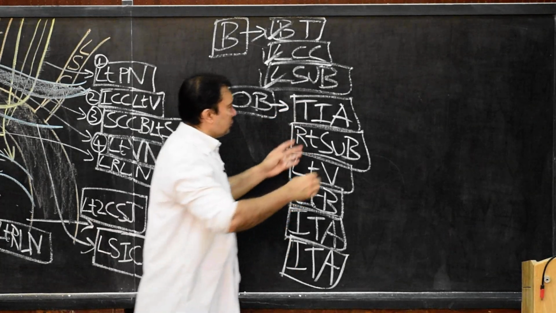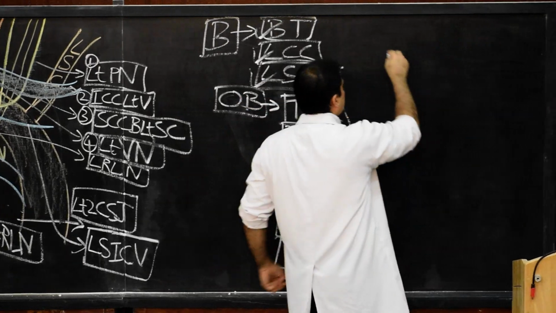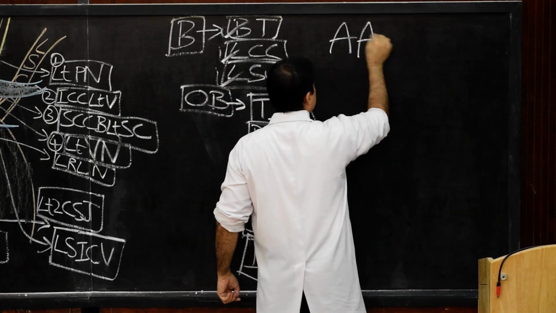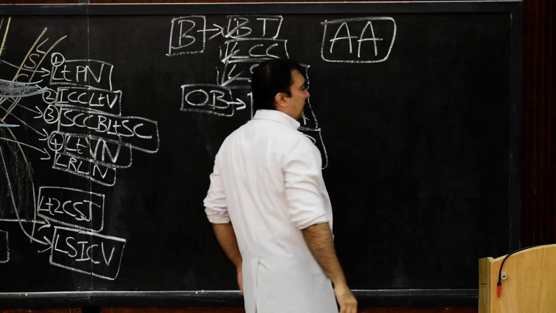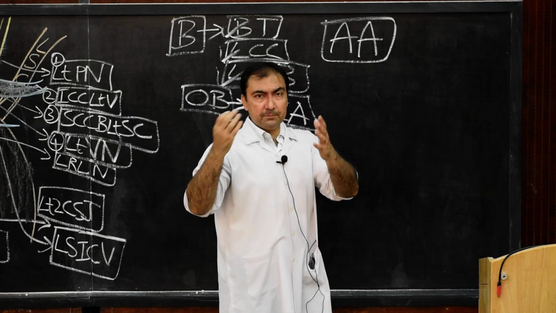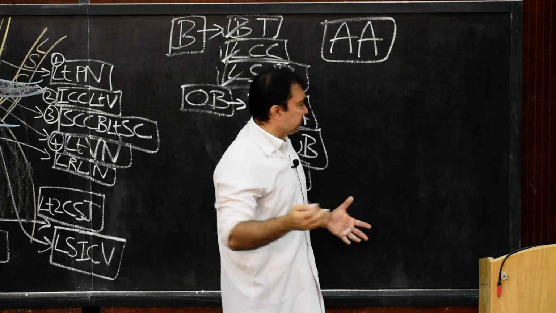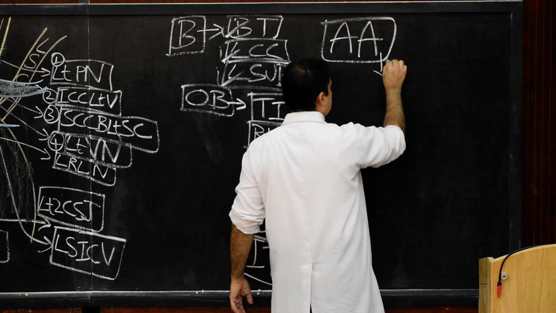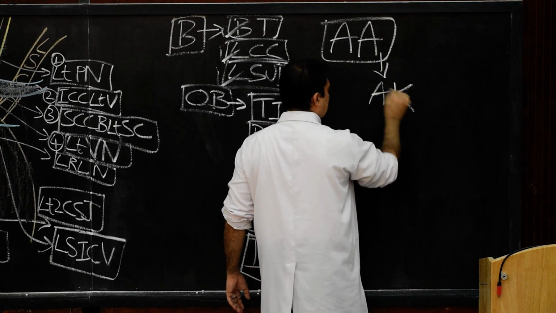And now please come on this side, we come to the applied anatomy. In the applied anatomy, two important terminologies we need to understand. The first is the aortic knuckle.